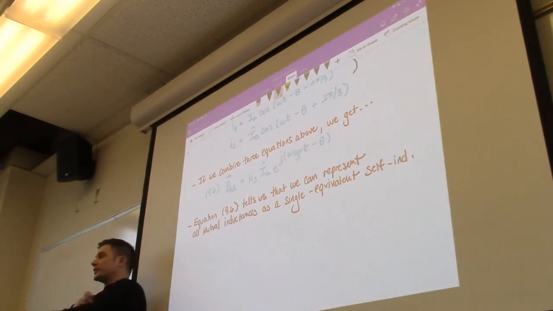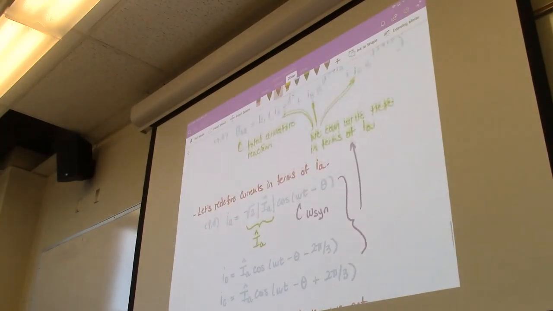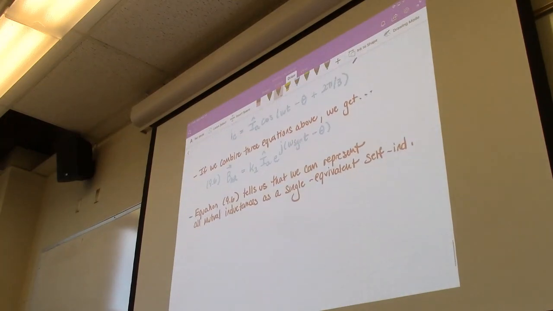So what we're doing is aggregating it all together into one piece and representing it mathematically, taking 9.3 and representing it as 9.6.